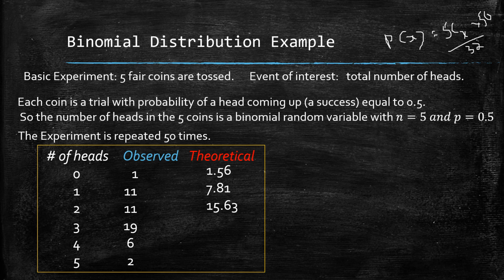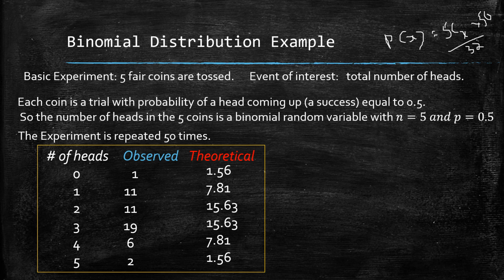Now when x equal to 3, 5C3, as you know, nCr is the same as nC(n minus r). So 5C3 is the same as 5C(5 minus 3), that is 5C2, which we have already calculated, so x equal to 2 and x equal to 3 are one and the same, 15.63. Likewise 5C4 is the same as 5C1, which gives the same value 7.81, and 5C5 is 1 by 32 into 50, that is 1.56.